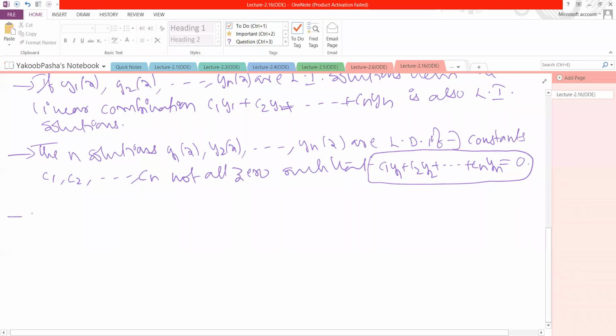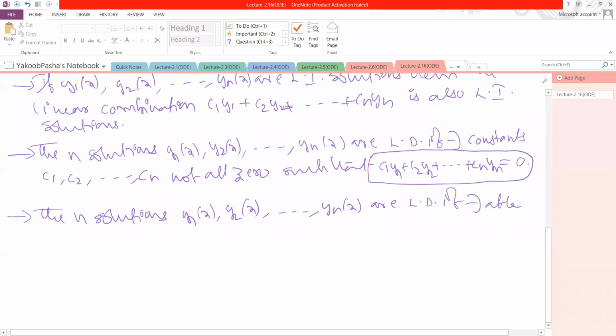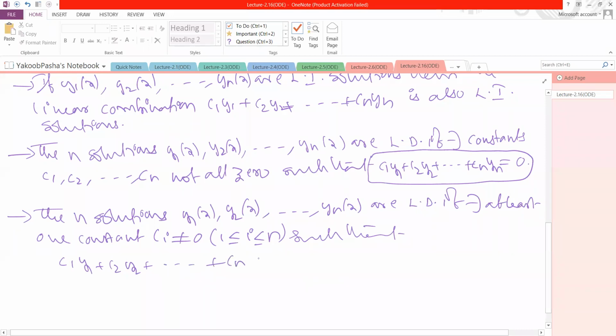We can write another definition for linearly dependent. The n solutions y1 of x, y2 of x, and so on, yn of x are linearly dependent if there exists at least one constant ci, which is not equal to 0, for 1 less than or equal to i less than or equal to n, here i lies between 1 and n, such that the linear combination c1 y1 plus c2 y2 plus up to plus cn yn is equal to 0.